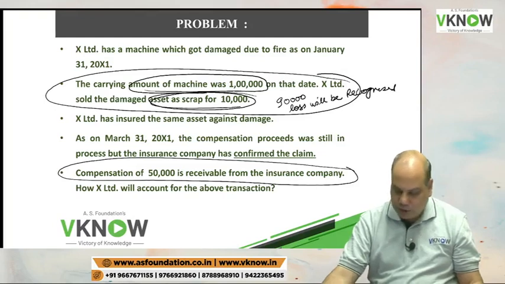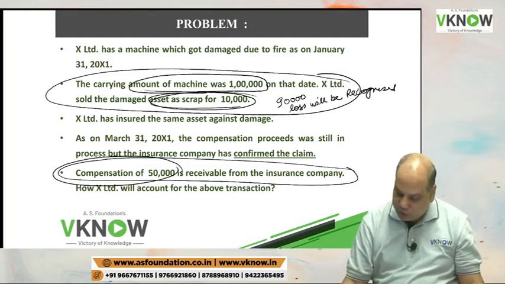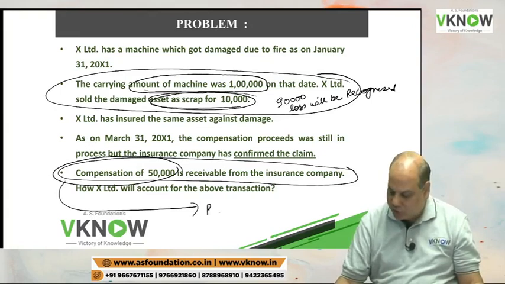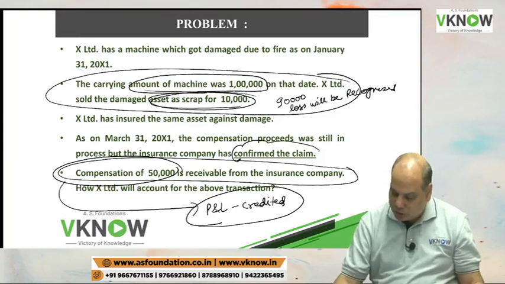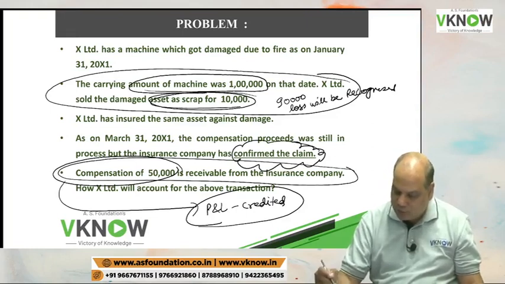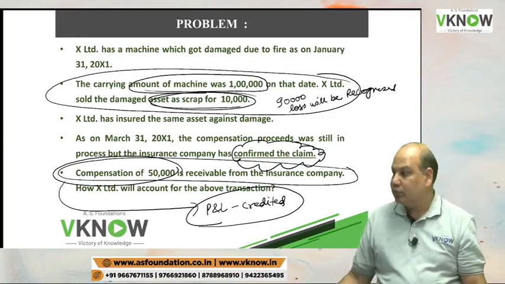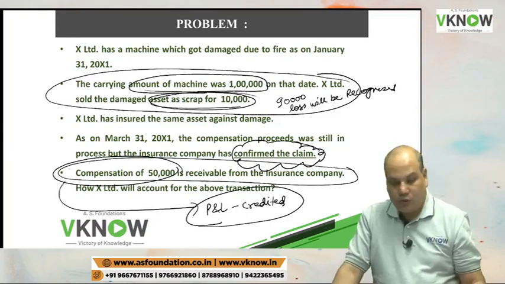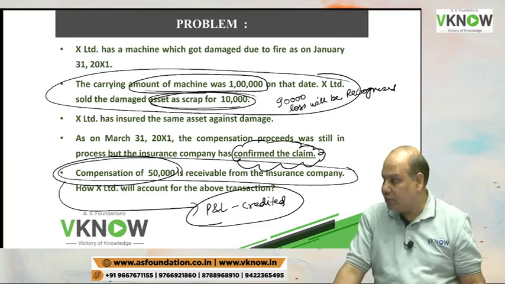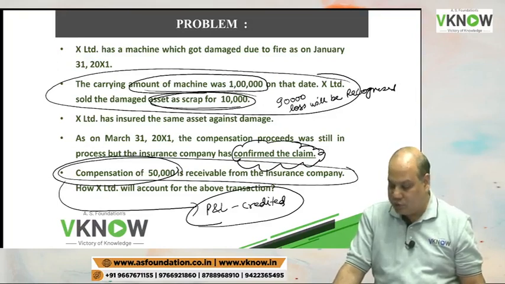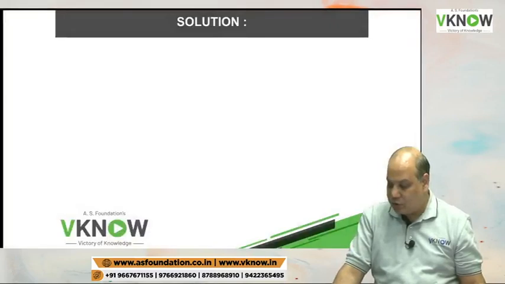At the same time, the 50,000 compensation will also be recognized as income because the claim has been confirmed by the insurance company. Is it right? Dear student, is it right? Loss of 90,000 due to sale of the damaged machine and 50,000 rupees as compensation claim.